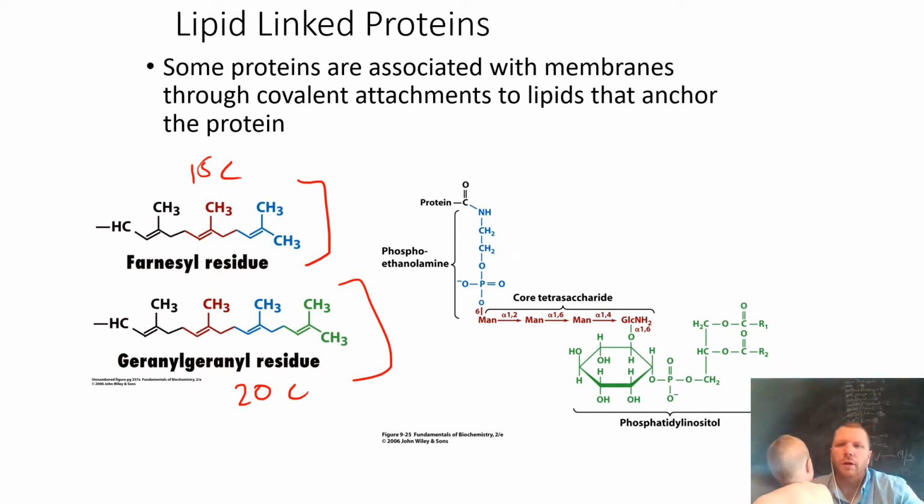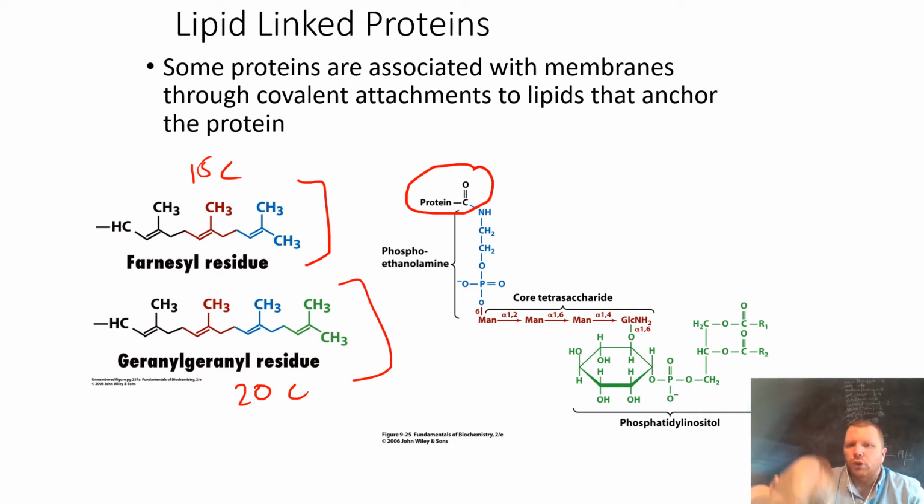Another way that a protein can be associated with a membrane, going back to our discussion of different phospholipids, is a protein attached to a phosphoethanolamine head group.